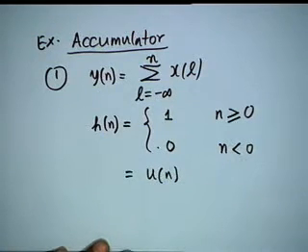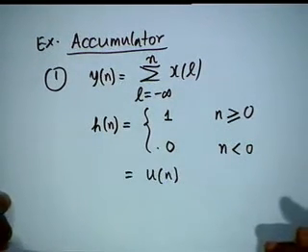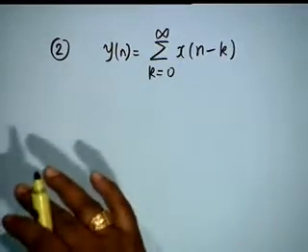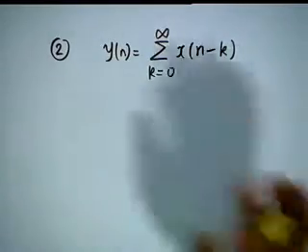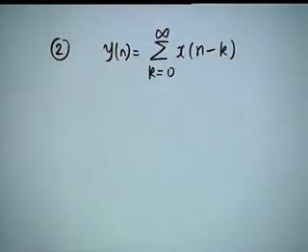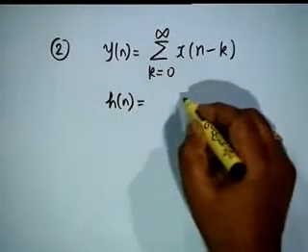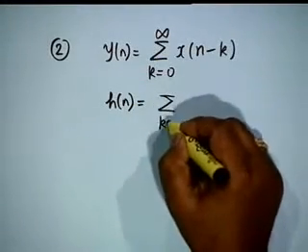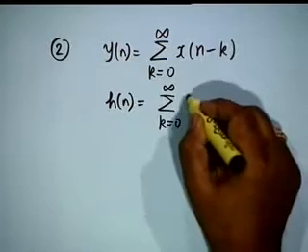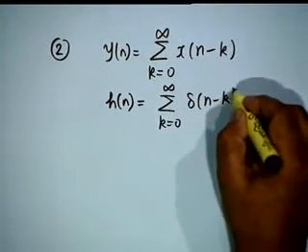Is this clear? Okay. Take another version of the accumulator. Suppose y of n equals summation of x of k from 0 to infinity, that is all range of n. What would be its h of n? H of n would be simply summation k equal to 0 to infinity delta of n minus k.